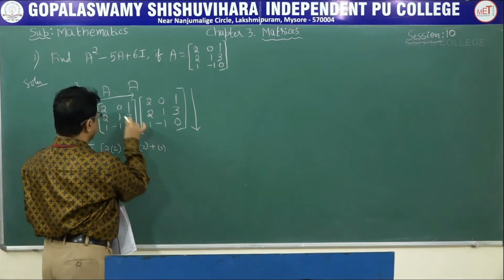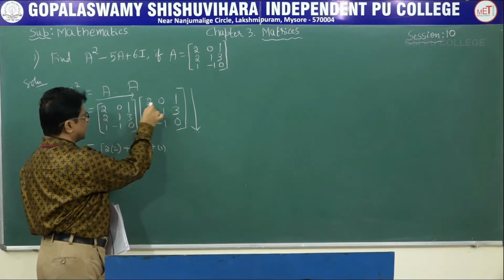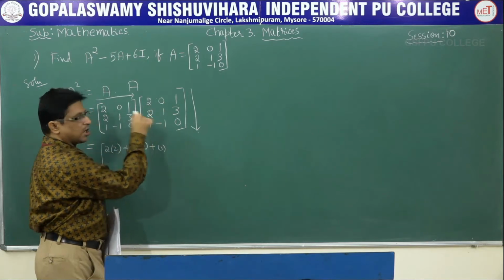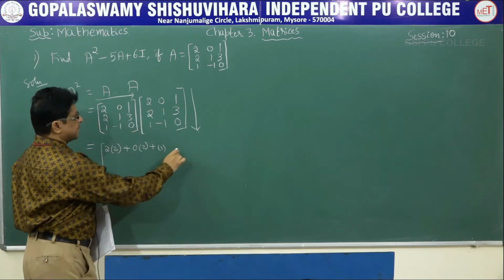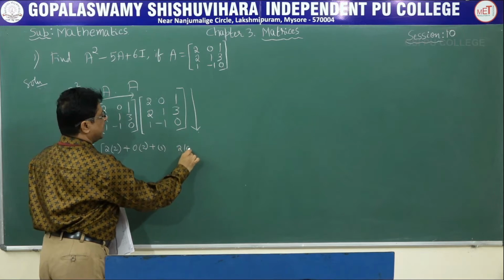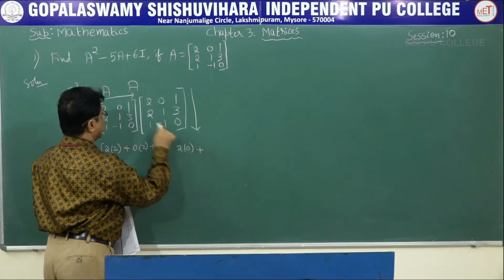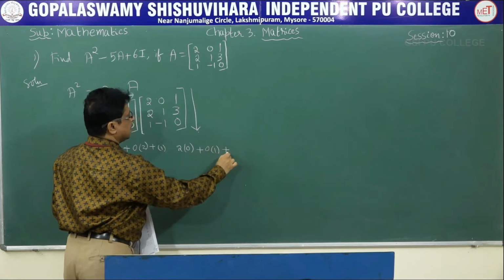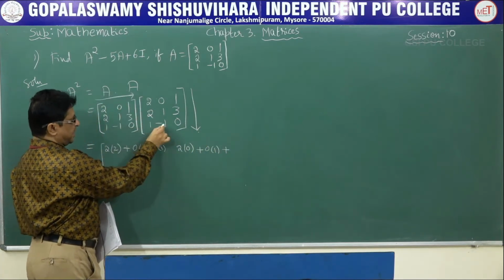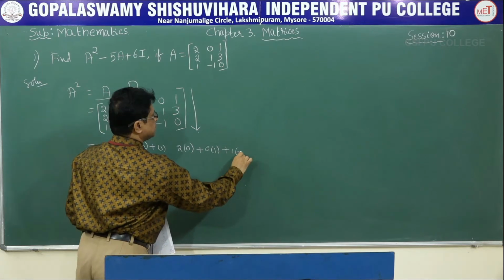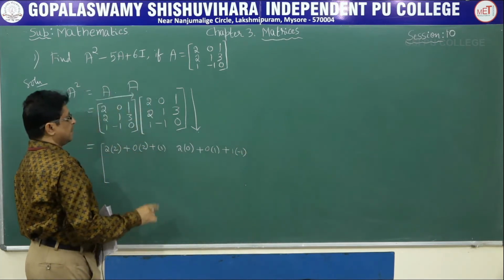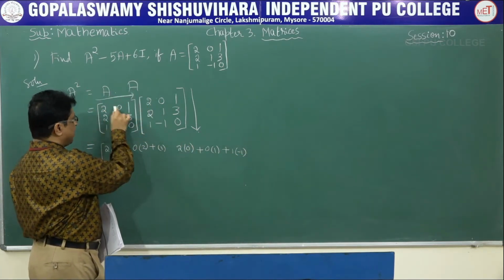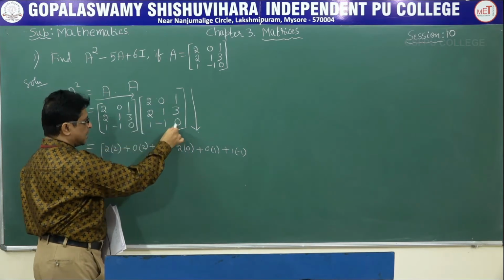And the next element is first row into second column, that is 2 into 0 plus 0 into 1 plus 1 into minus 1. Next element will be first row into third column.